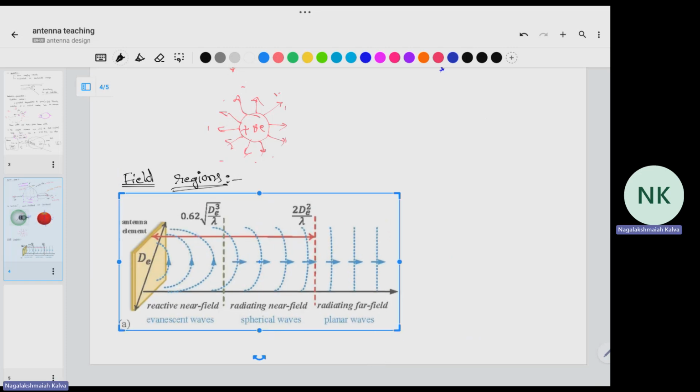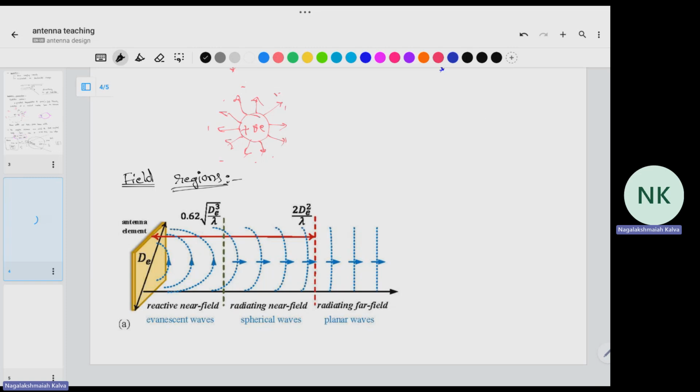So here, whenever an antenna is radiating, it will start radiating in the form of spherical waves. These spherical waves, as they progress from the antenna toward a distance, over the distance, the field acts in a different way.